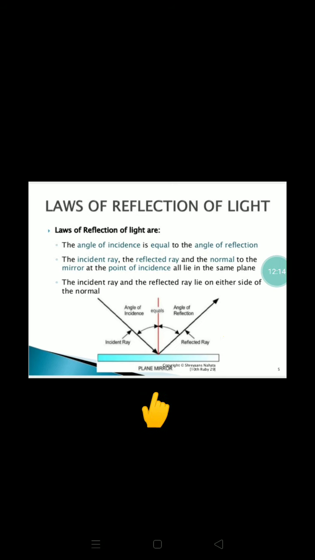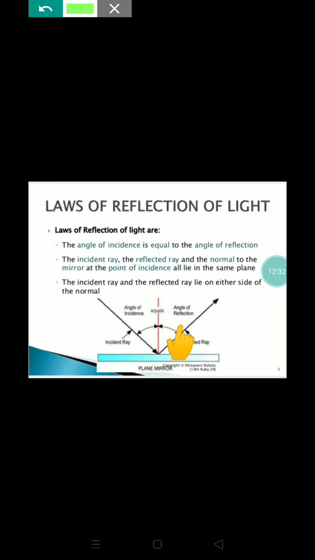Once again I repeat the laws of reflection. First law: the angle of incidence is usually represented by the letter i, and the angle of reflection is usually represented by the letter r, and they are equal.